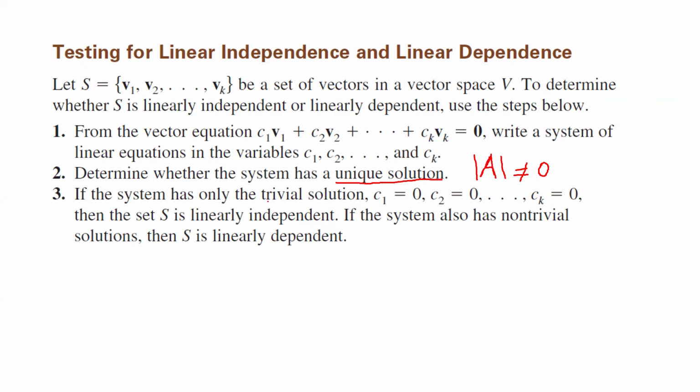If the system has only the trivial solution C1, C2, C3, up to Ck equal to 0, then for sure you can say that S is linearly independent. If the system also has non-trivial solutions, then S is linearly dependent. So these are the steps that you saw in previous examples. This is just a summary.